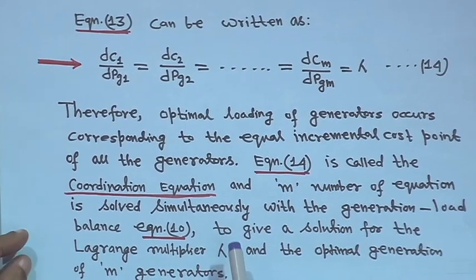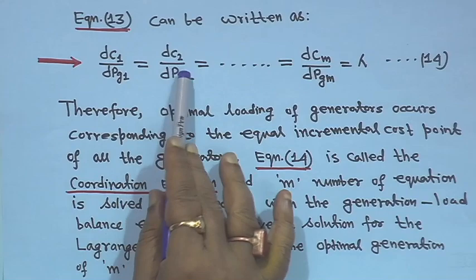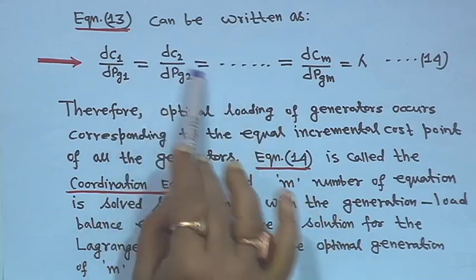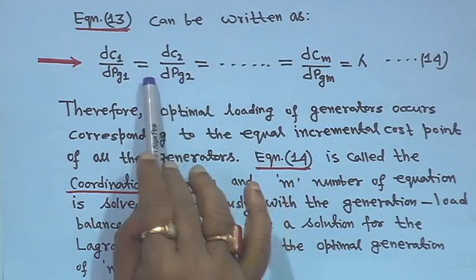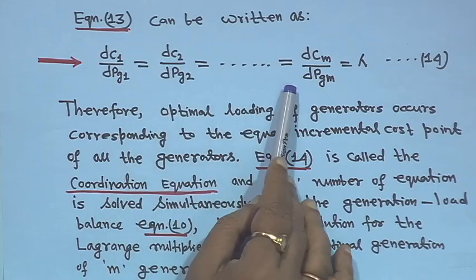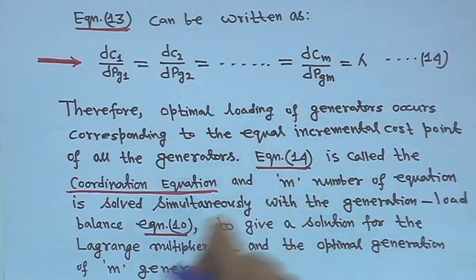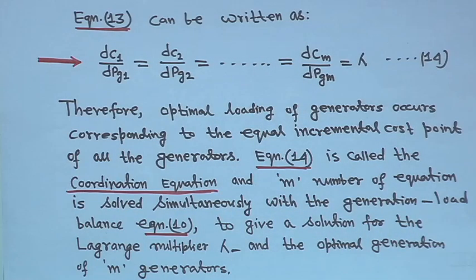That means the system will operate optimally, whatever fuel cost curves you have, C 1, C 2, but their incremental costs, d C 1 by d P G 1, d C 2 by d P G 2, all have to be the same. This is the condition when we are not considering the losses, and one has to solve the coordination equation.